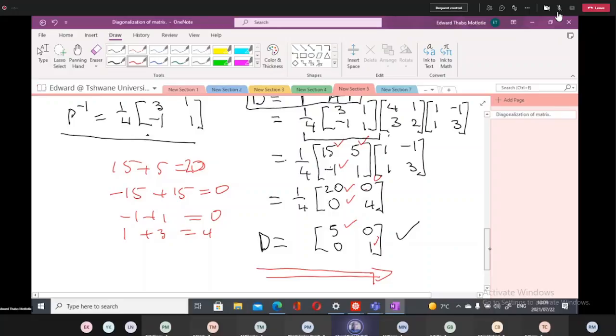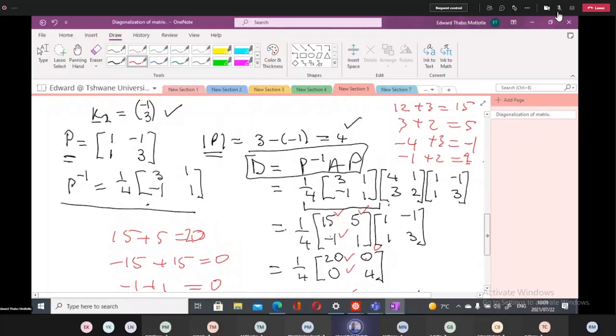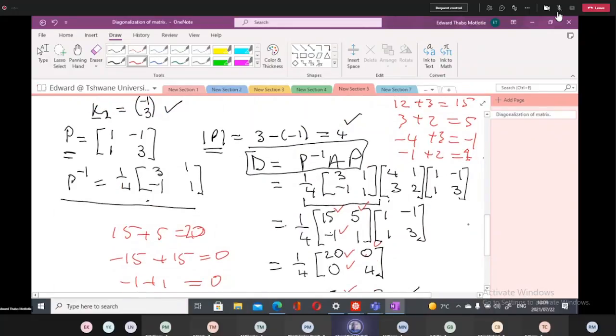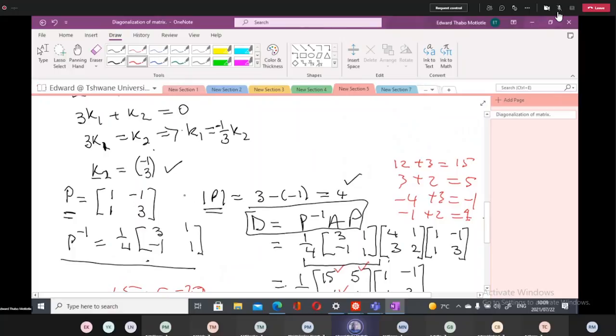So one of the intelligent students can ask me, what are the conditions for a matrix to be diagonalizable, for you to be able to diagonalize that matrix? The requirement is that the eigenvectors must be independent.